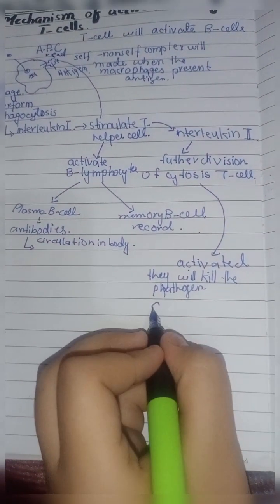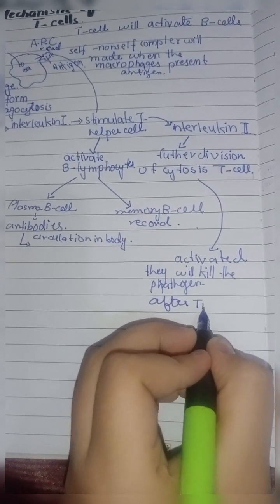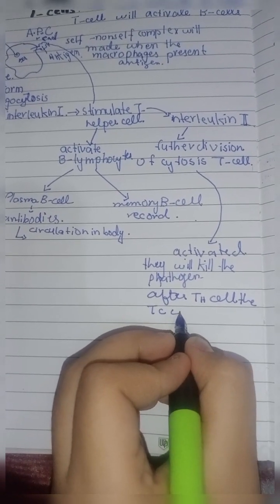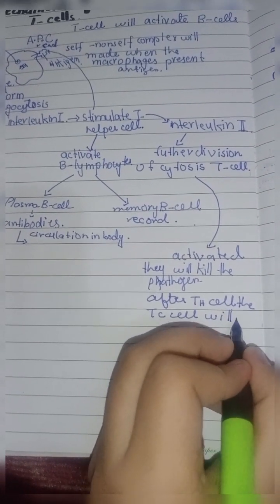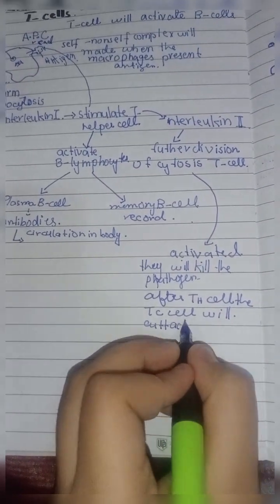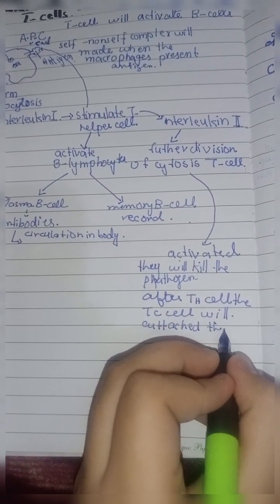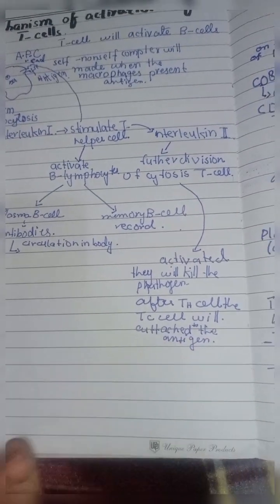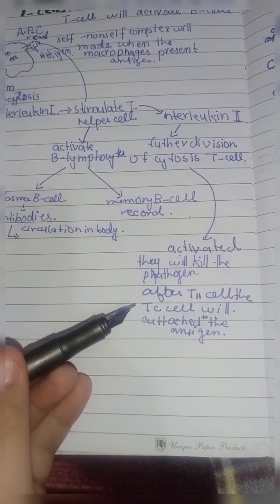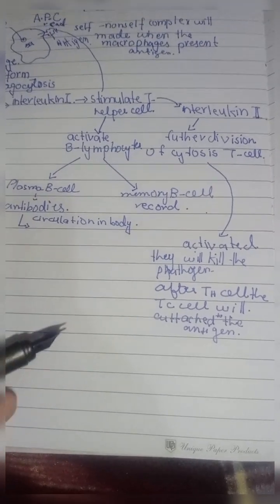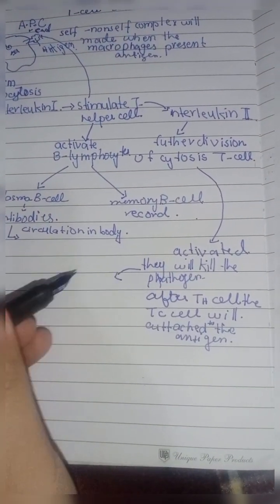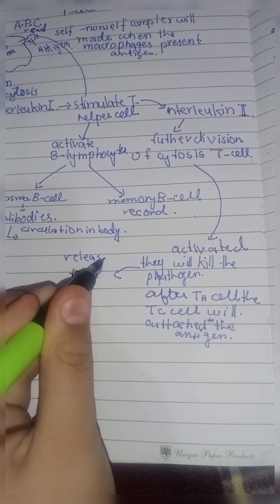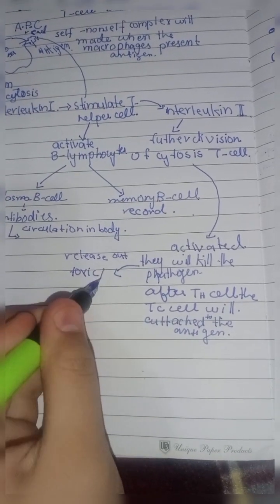When the cytotoxic T cell attaches to the antigen, it will release the toxic substance, or you can say perforin.